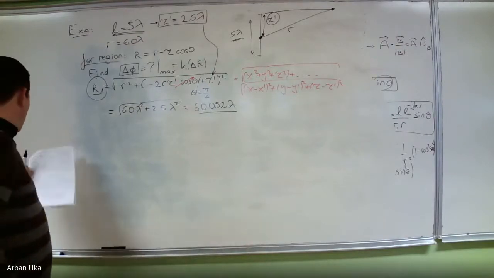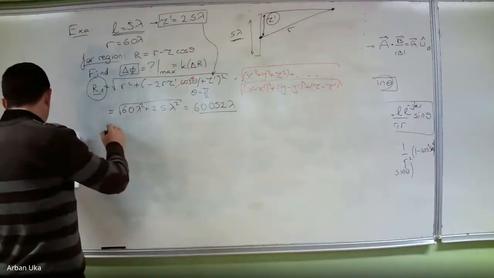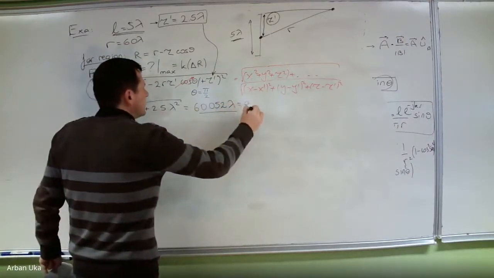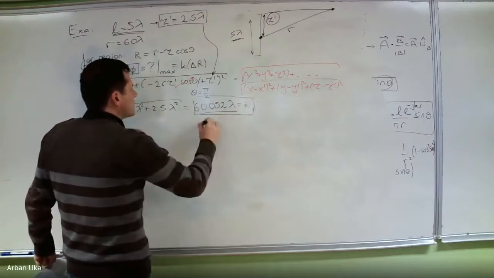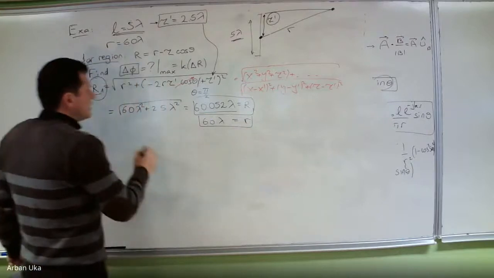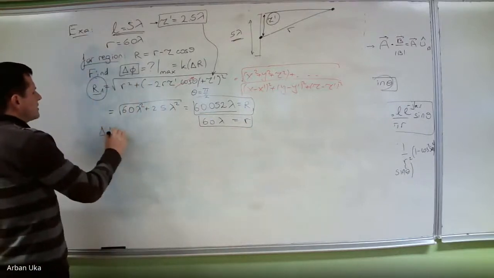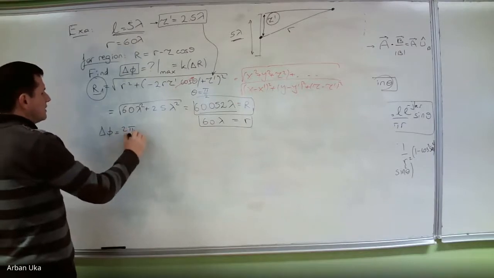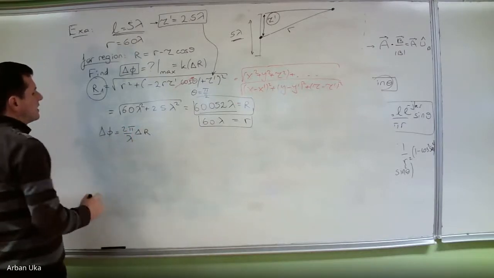Okay. Now we have also the radius R. So let's call this one R1, and we have also this 60 lambda, which is simply equal to R. Now the delta phi is going to be equal to 2 pi over lambda, which is K, times delta R.